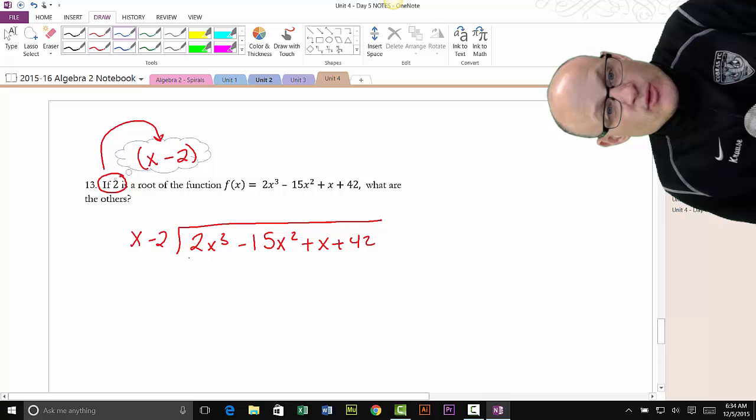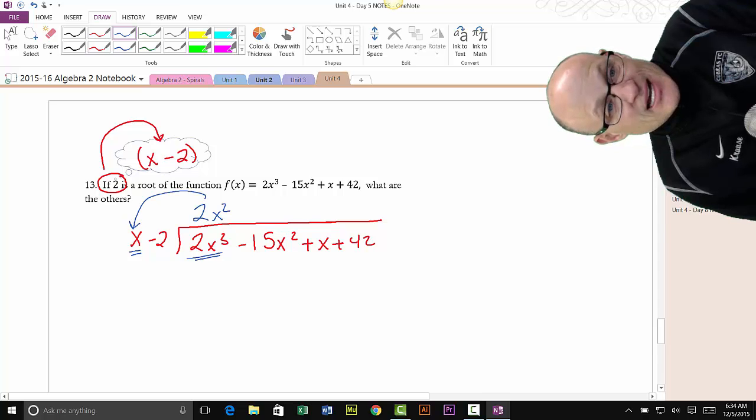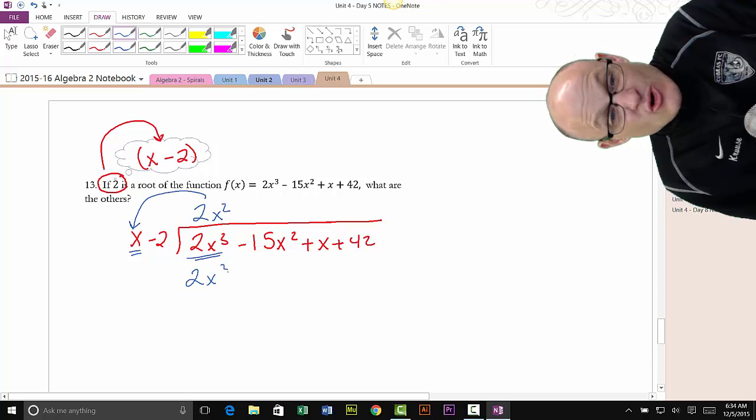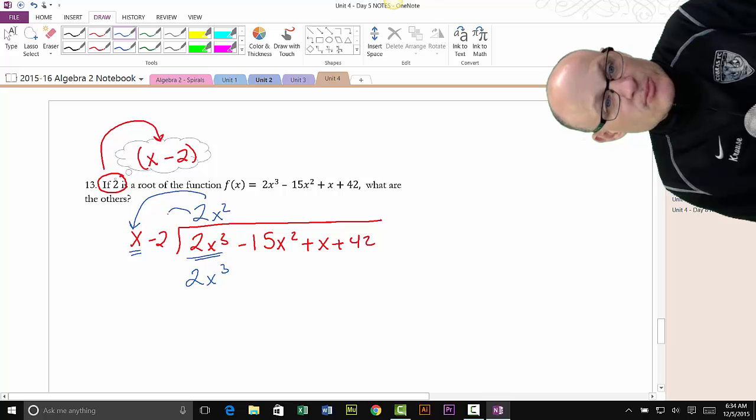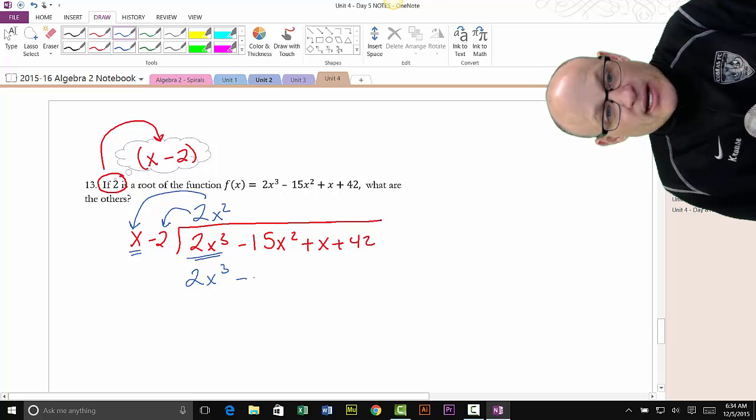So, 2x cubed divided by x is 2x squared. And 2x squared times x is 2x cubed. That's what we're hoping for. And then we're going to multiply 2x squared times minus 2, minus 4x squared.